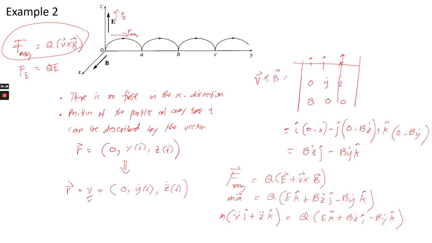Now, next we will try to treat the j hat and the k hat components separately. So we'll rewrite the equation. You have Q E k hat plus B z dot j hat minus B y dot k hat.